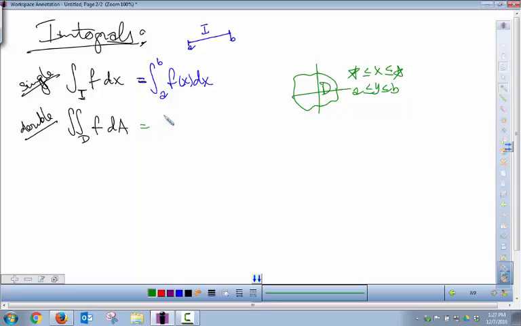And so this double integral will have A and B for the outer limit constants. And then the stars could be constant, or they could be actual functions of y. And then you have f of x, y dx dy, depending on how you're setting up your area.